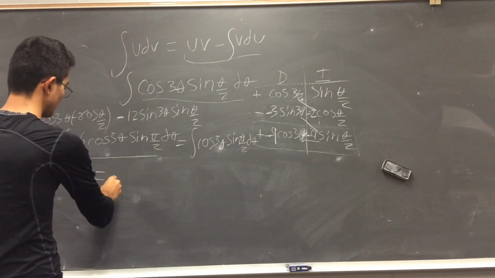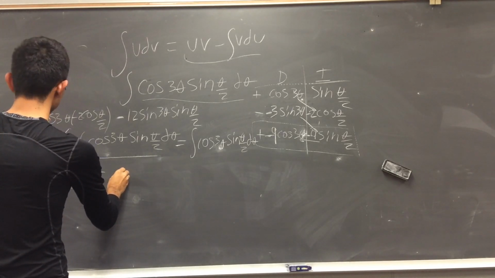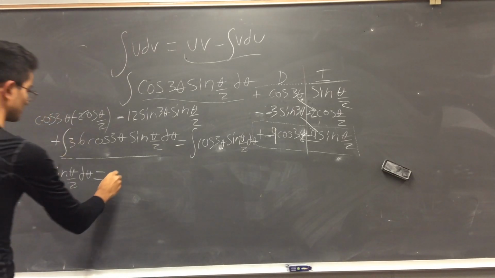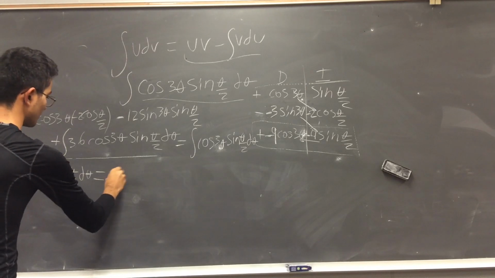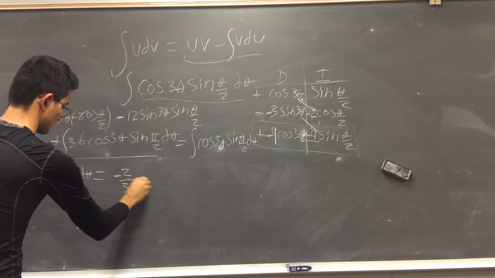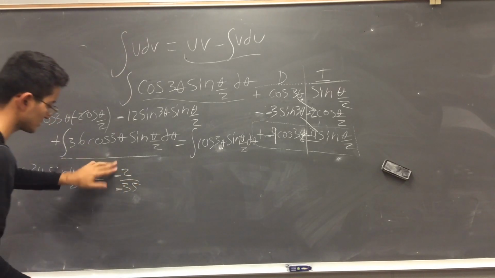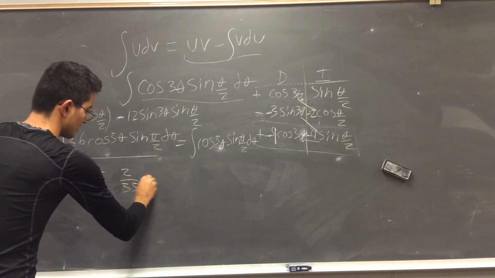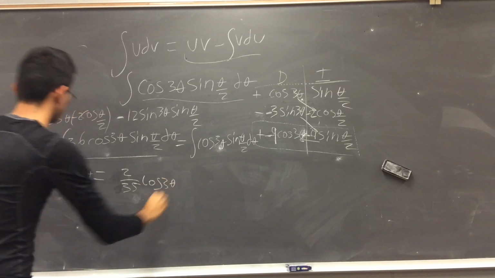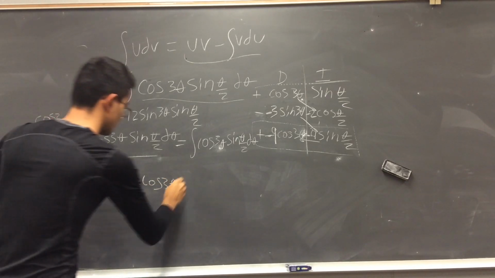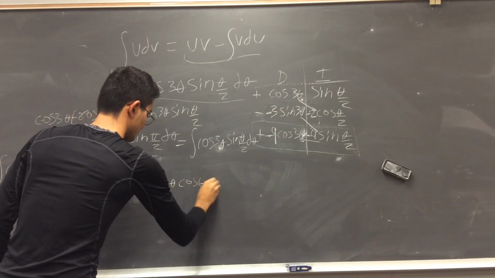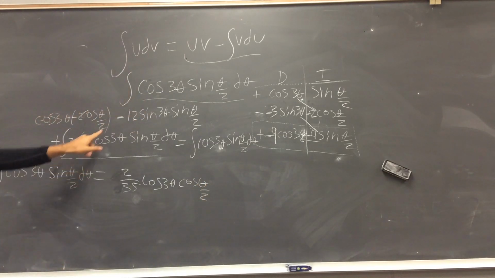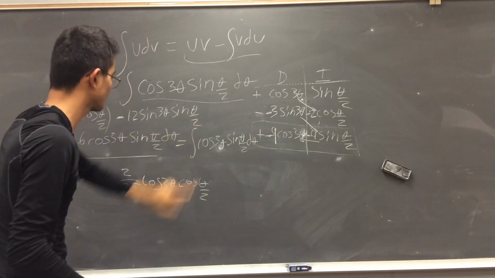So this is negative 2, right? So that's going to be negative 2 over negative 35, which becomes positive, so positive 2 over 35 cosine of 3 theta, and then we have cosine of theta over 2. And then we have this divided by negative 35.